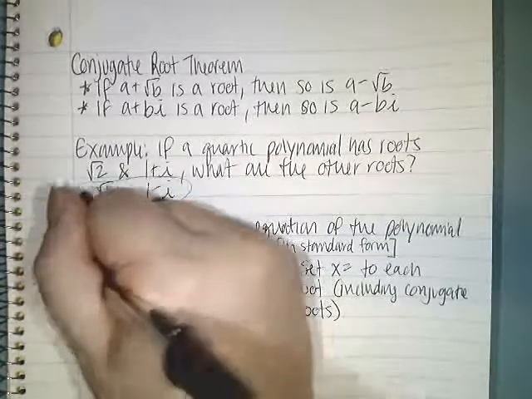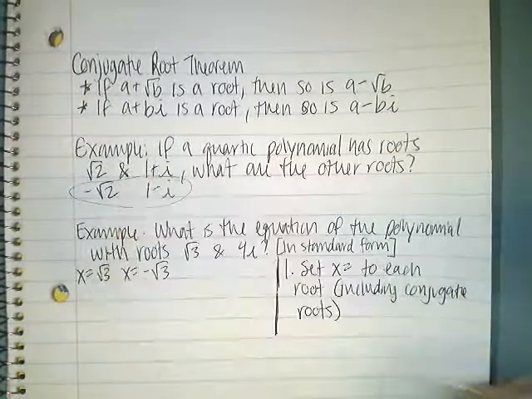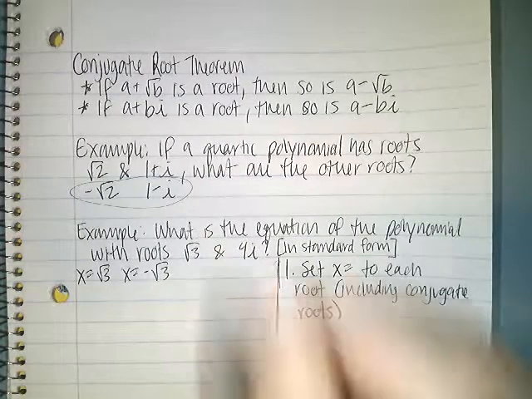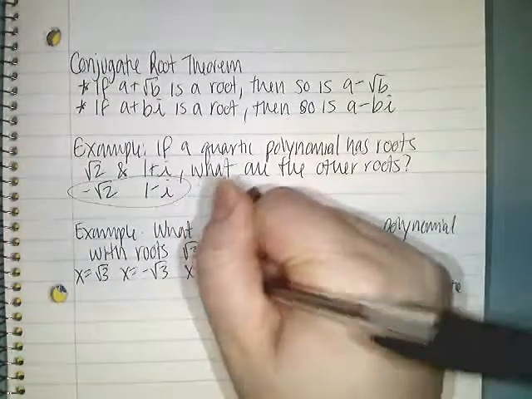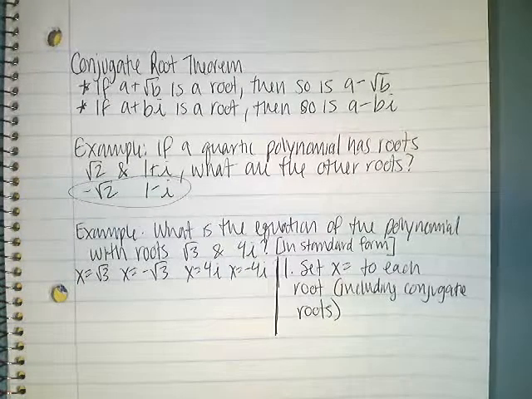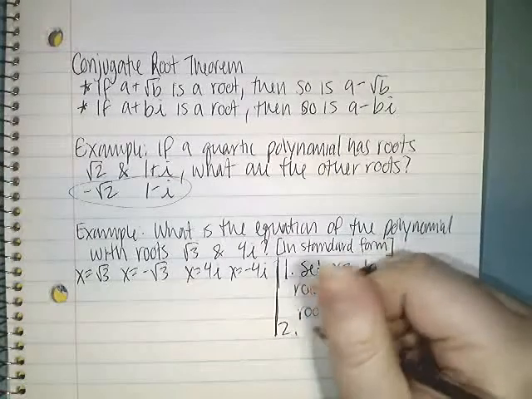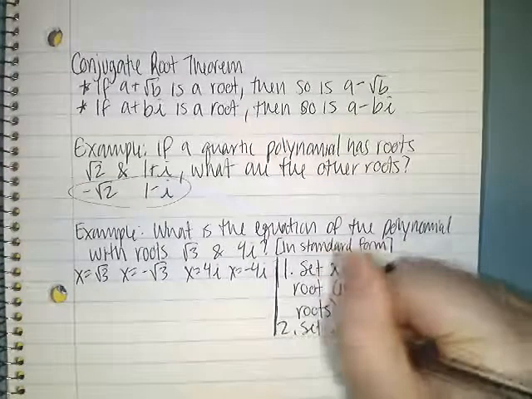So we can say x equals root 3, and then x would also have to equal negative root 3 because of our conjugate root theorem. And then we could similarly say x equals 4i and x equals negative 4i, again because of our conjugate root theorem.